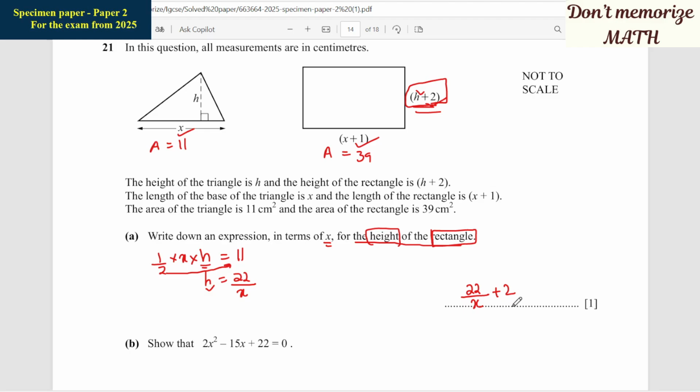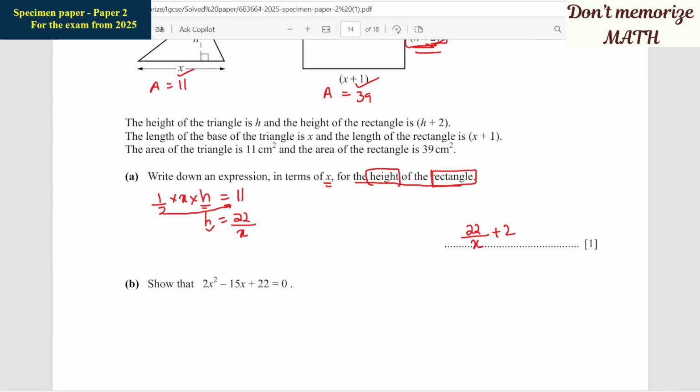Question B. Show that 2x square minus 15x plus 22 is equal to 0. Let's see how to find it. Here what is given? We have x plus 1 as the length and h plus 2 as the height.